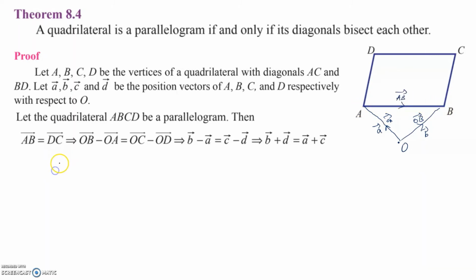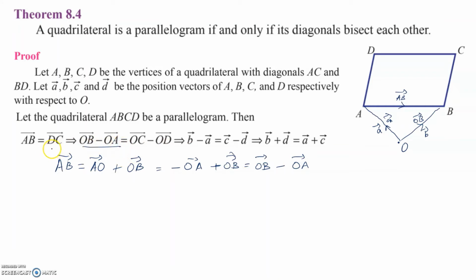Vector AB will be equal to vector AO plus vector OB. And vector AO is nothing but minus OA, so that gives minus OA plus OB, which is equal to vector OB minus vector OA. So that is what we have here.